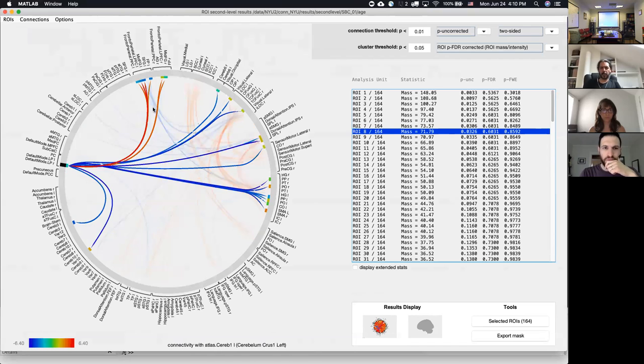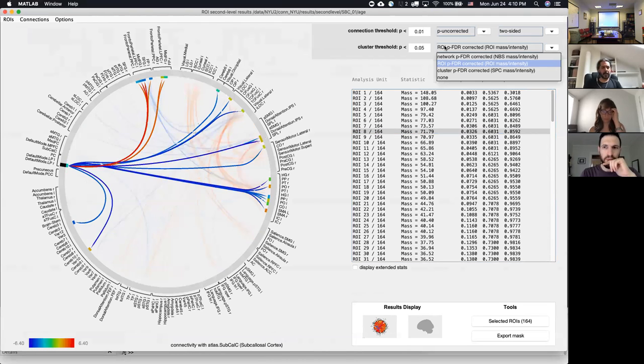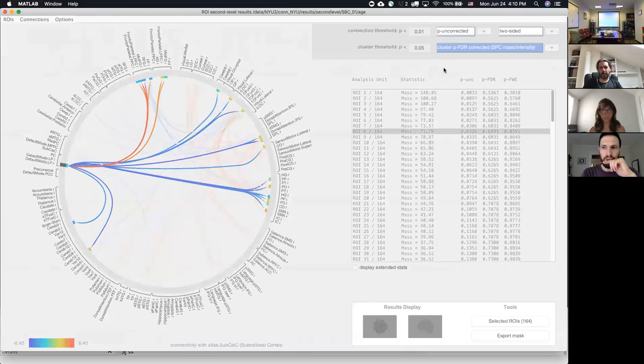So it's summing the absolute value of the T statistics, and determining whether that mass of connection strength associated with this ROI is actually significant or not. So it's bidirectional in that sense. That's ROI-level thresholding, where you define the clusters, the groups of connections, by all of the ROIs from the same region. Then you can also define them using this.